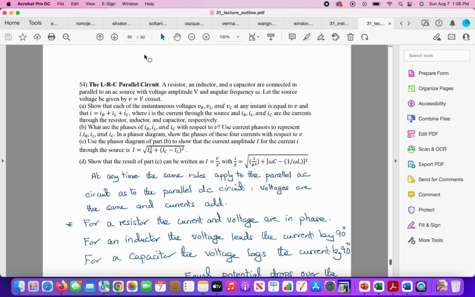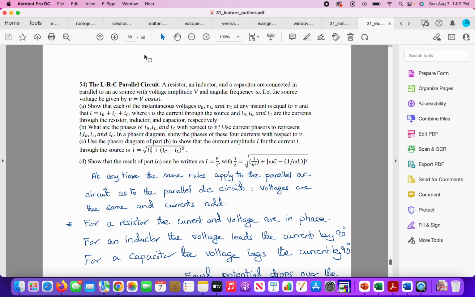This is the parallel circuit, where I is the current through the source, and IR, IL, and IC are the currents through the resistor, inductor, and capacitor, respectively. What are the phases of IR, IL, and IC with respect to V? We're going to use current phasors to represent these.